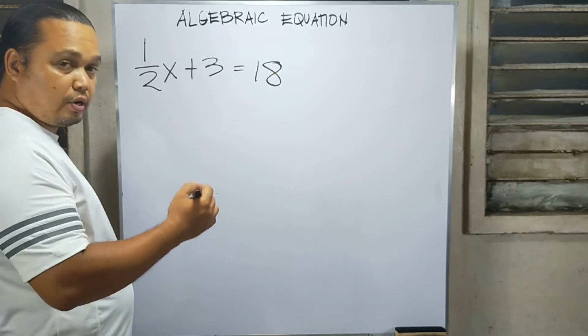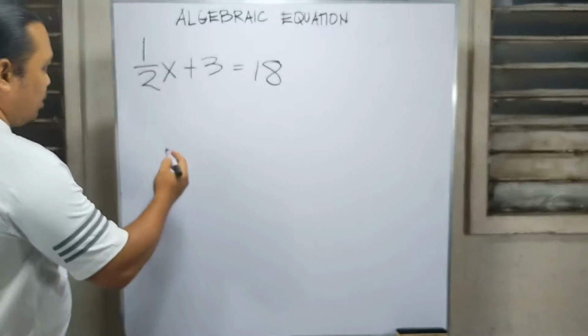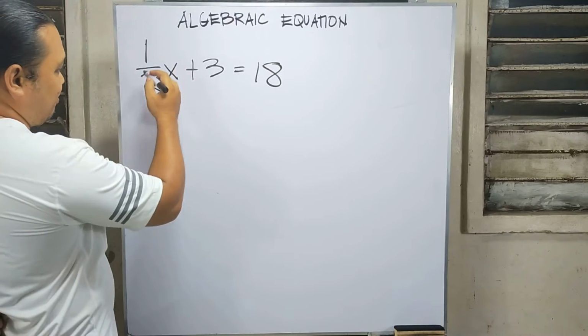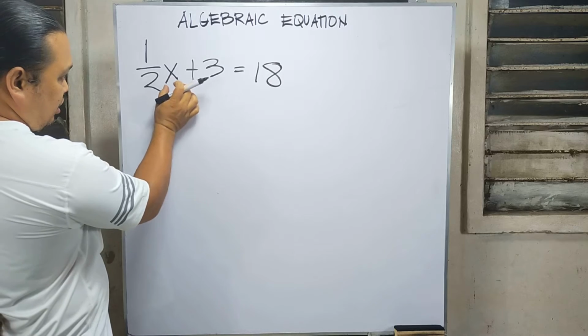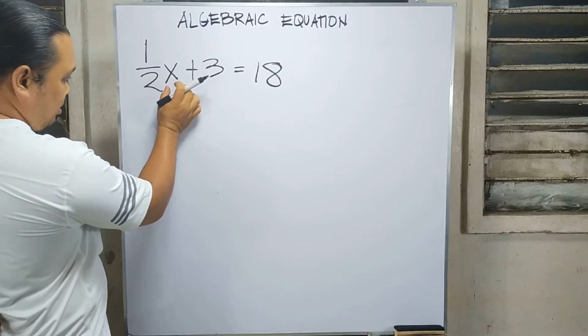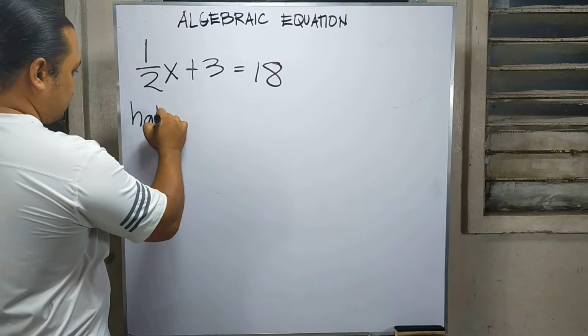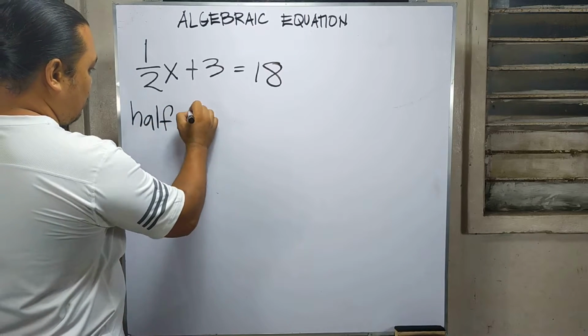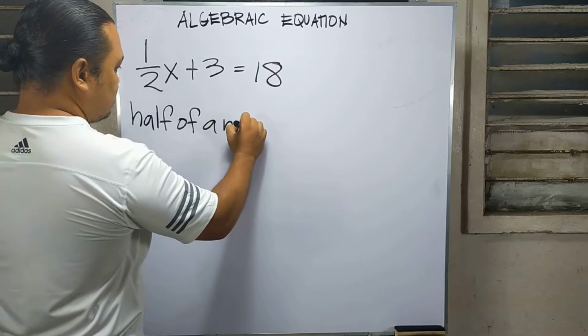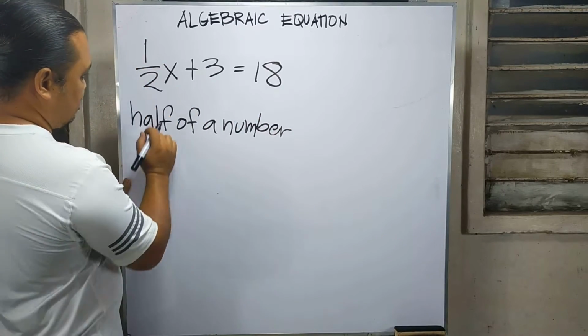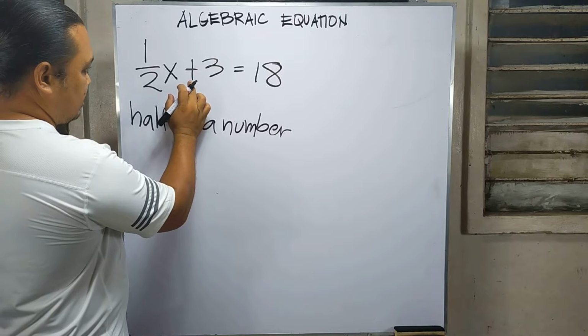Or if you're going to do it right, let's say 1/2 x here, or 1/2 of a number, because x here is our variable, that's a particular number. We're going to write half of a number, that is 1/2 x, last year, or increase.